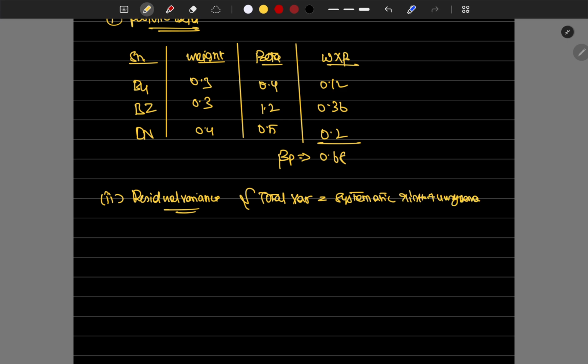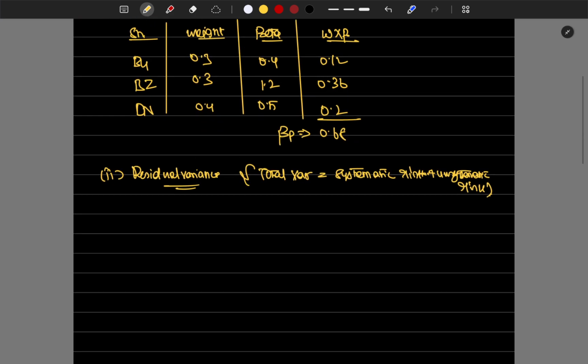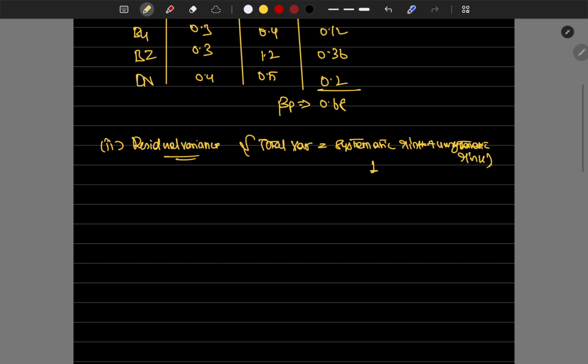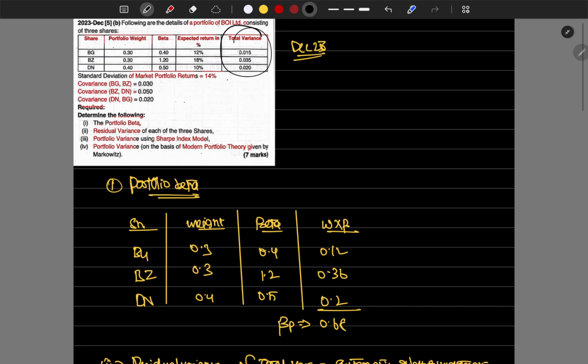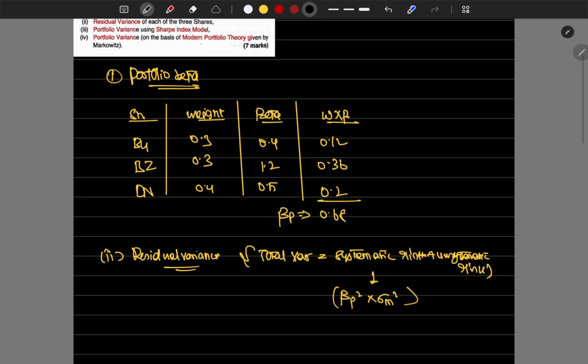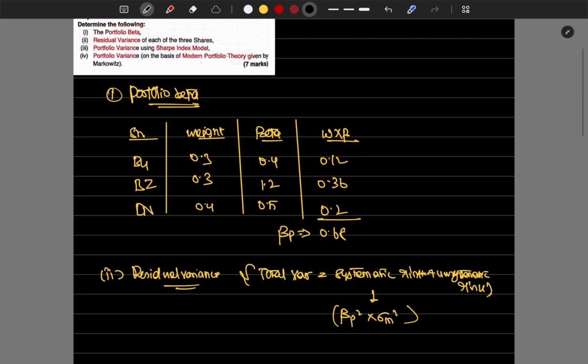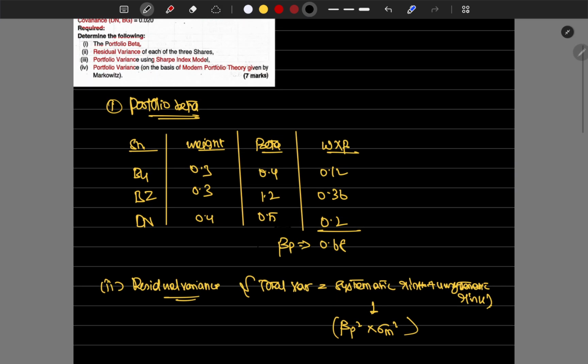Residual variance is nothing but the unsystematic risk, and they've asked for the unsystematic risk value. What's the unsystematic risk formula? It is beta of the portfolio square into sigma market square. What information have they given in the question? Total variance is given, the market portfolio returns are given, and beta we also found.